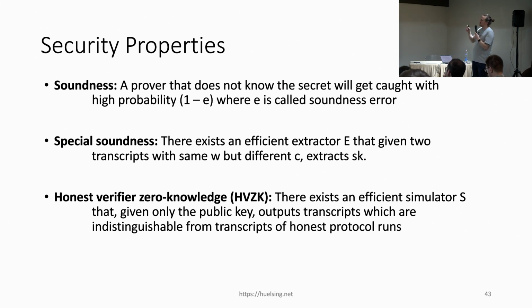So we have 2 properties and a special version of the first one. The first property is soundness. And that says that a prover that does not know a secret will actually get caught with high probability. And the probability is 1 minus e, where we call e the soundness error. Again, this will be an epsilon in 90% of the papers that you see.